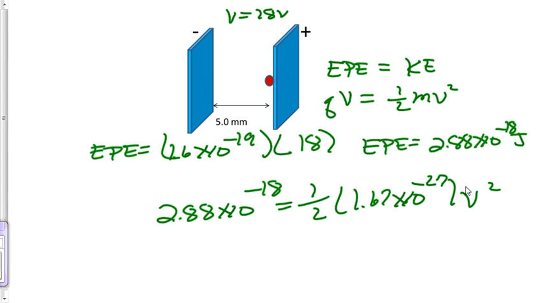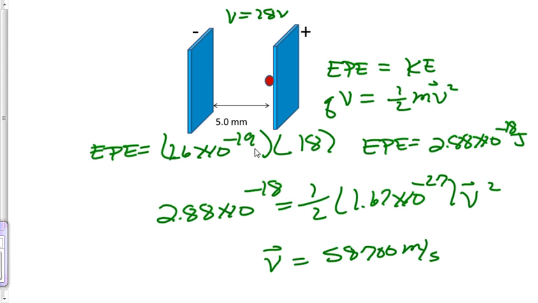I'm going to put a vector hat on that. I should do that on this one as well, so you don't get confused. That does not mean voltage. That means velocity. So the velocity of the proton just before it gets to the other side is 58,700 meters per second.